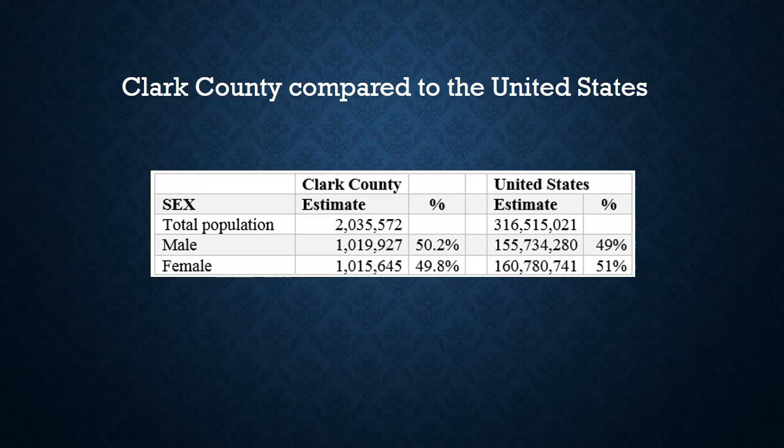Clark County and the state of Nevada are one of two states in the United States where there are more males living in the state than females. Note that the United States overall has, while it doesn't look like that big a number, substantially more women than men. Only Alaska and Nevada are the two states where there are more men than women.